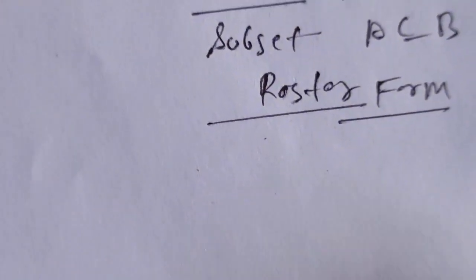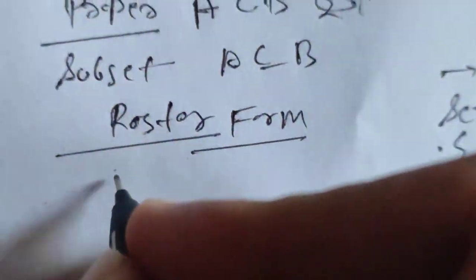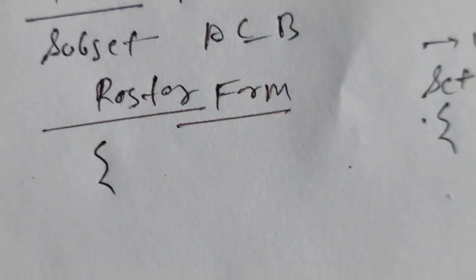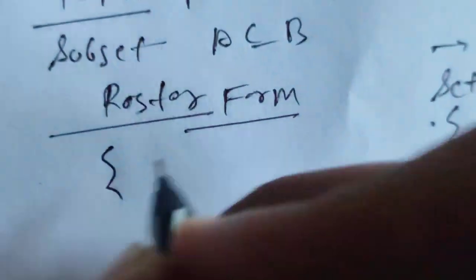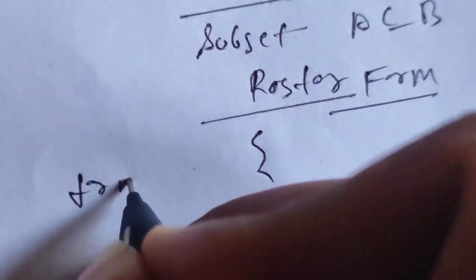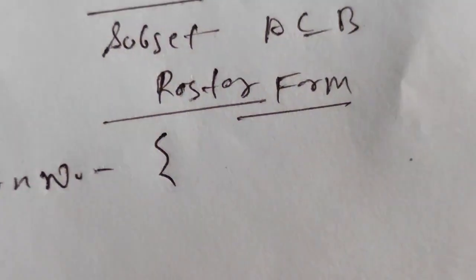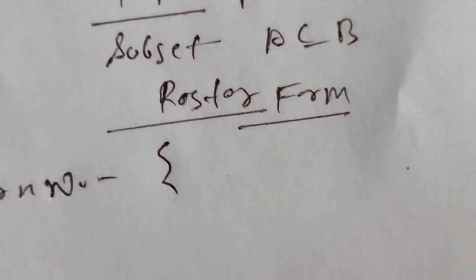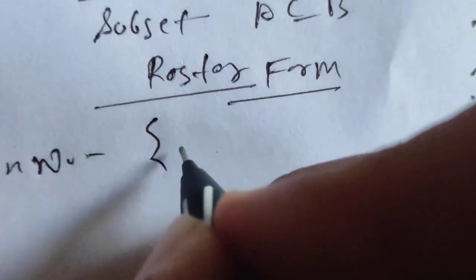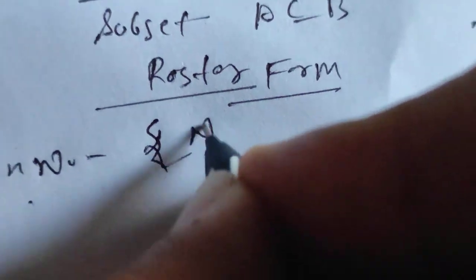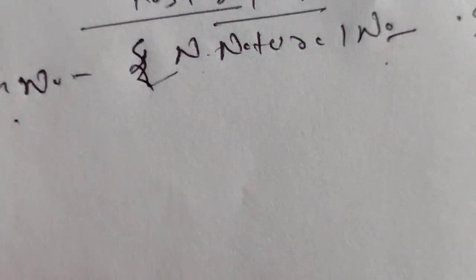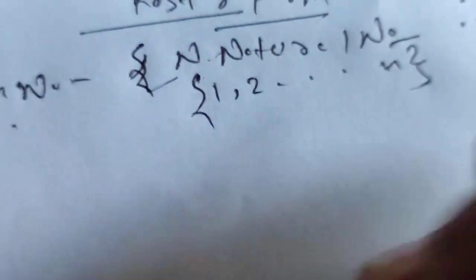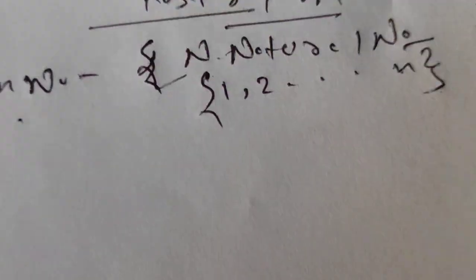One other thing: if we have infinitely many numbers, we also use the roster form. First we take n natural numbers. For n natural numbers, we generally write 1, 2, 3, dots, and so on up to n.